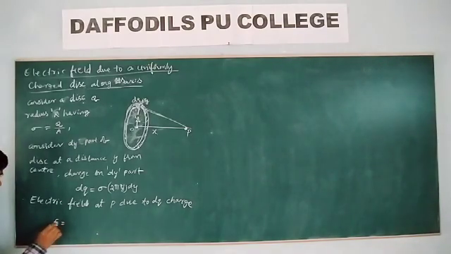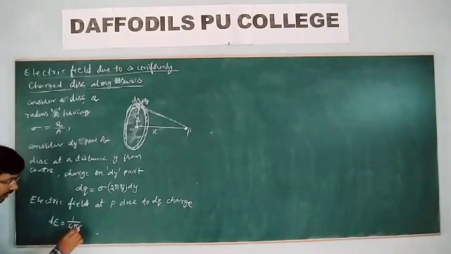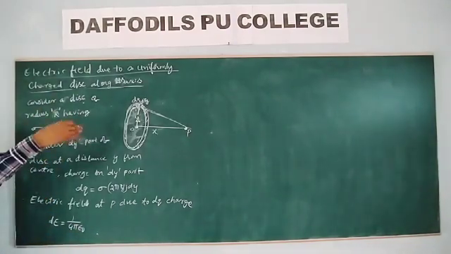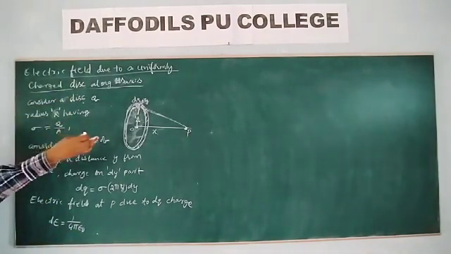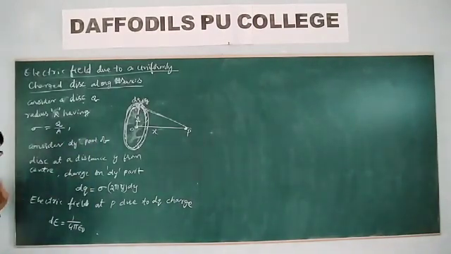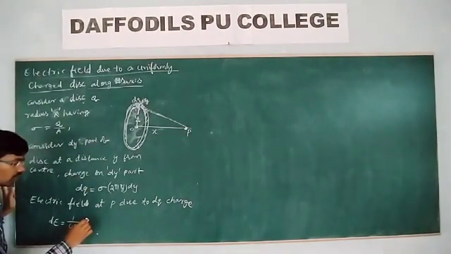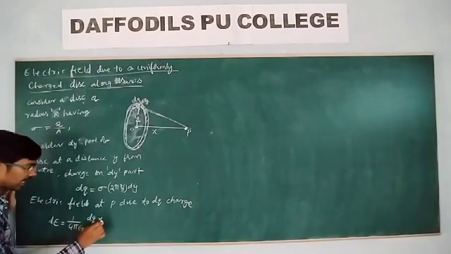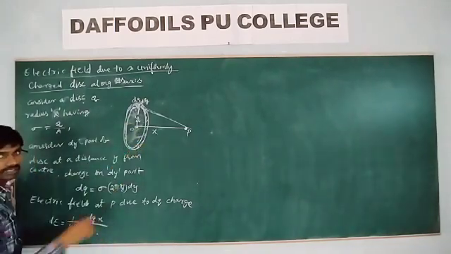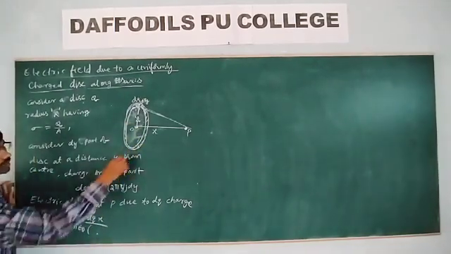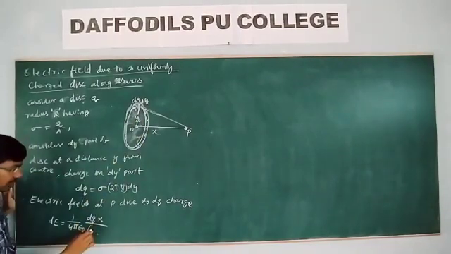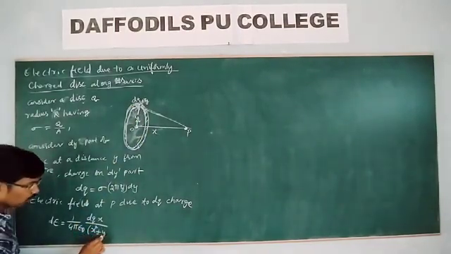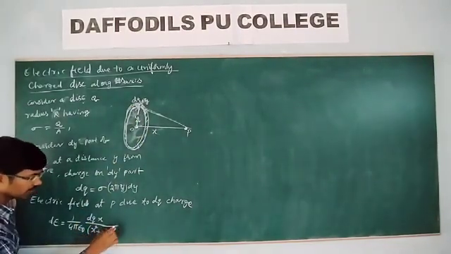E is equal to 1 by 4 pi epsilon naught, Q x by (a square plus x square) whole power 3 by 2. Same as this one: 1 by 4 pi epsilon naught, dq x by (x square plus y square) whole power 3 by 2.